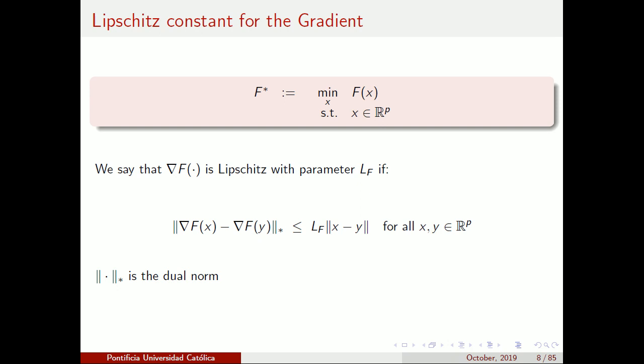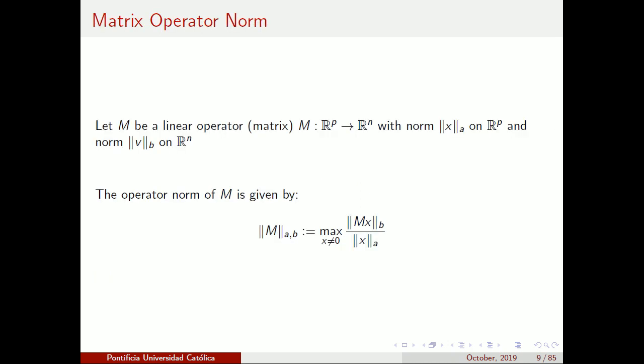That's all. Just because of the way duality works, we measure the gradient in the dual norm of the original norm. Jorge Vera knows exactly what I'm talking about here. And maybe not too many others. Some? Okay, good.